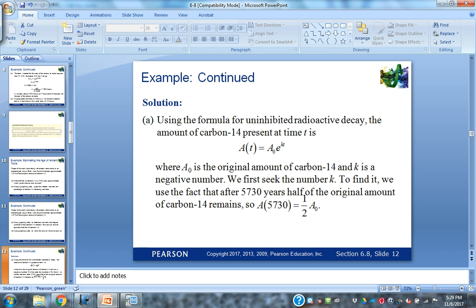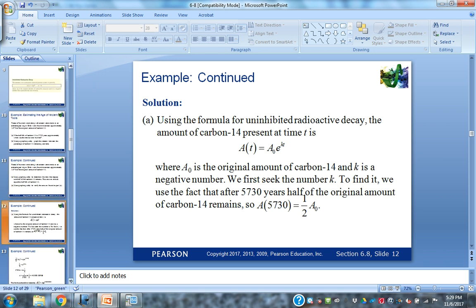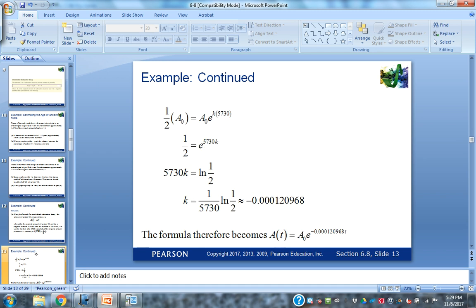So the half-life could help you find the decay rate. 5,730 years is the half-life. So you'd set up this problem where it's a half. Instead of doubling it, you're taking half. So it's a 1 in front of here, a half over here. Your time was 5,730 years.